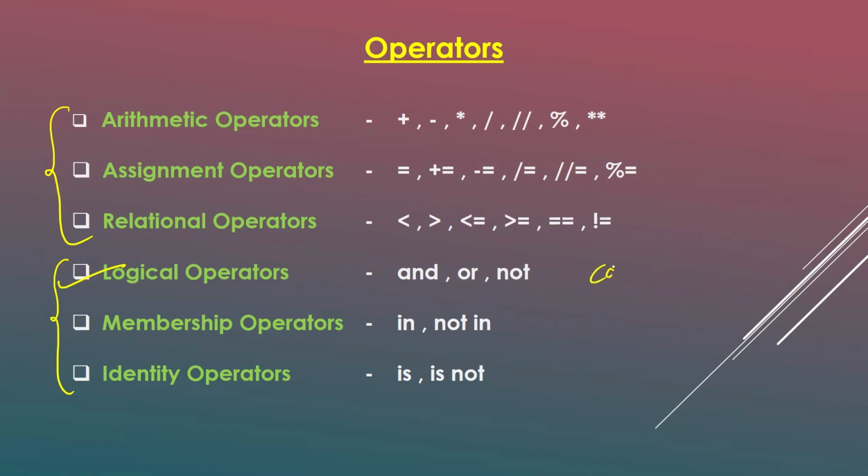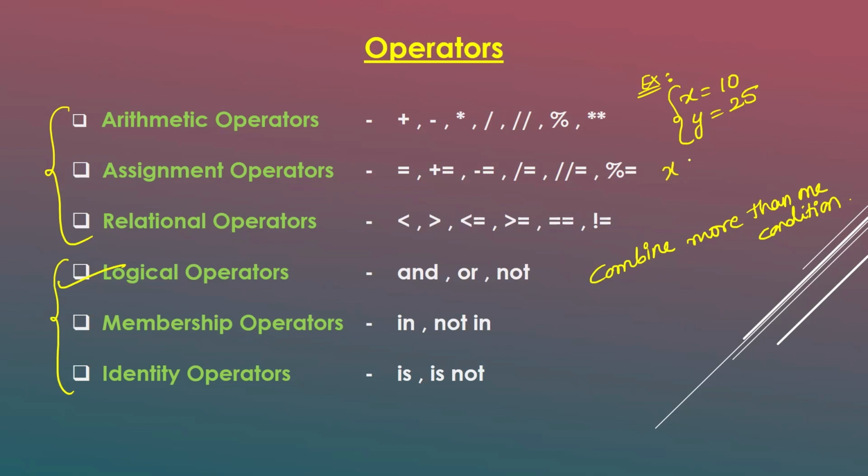Logical operators are used to combine more than one condition into a single condition. For example, if I have x equal to 10 and y equal to 25, and I want to develop two conditions with these two variables, like x less than y and x greater than y, here at a time I have two conditions.